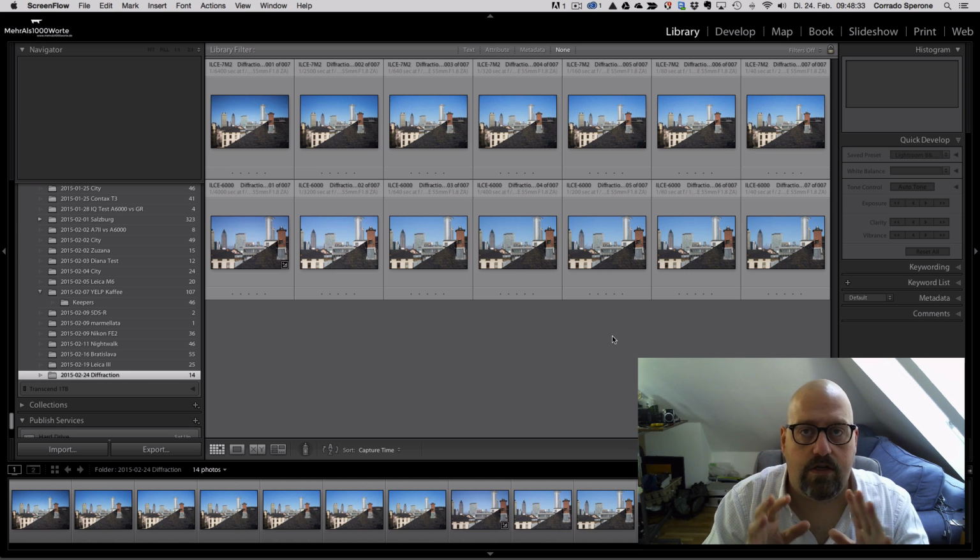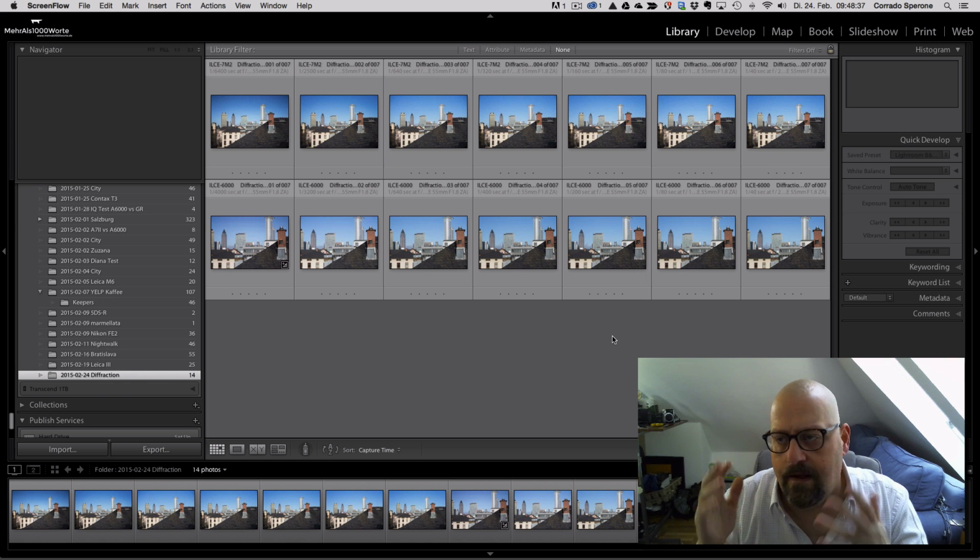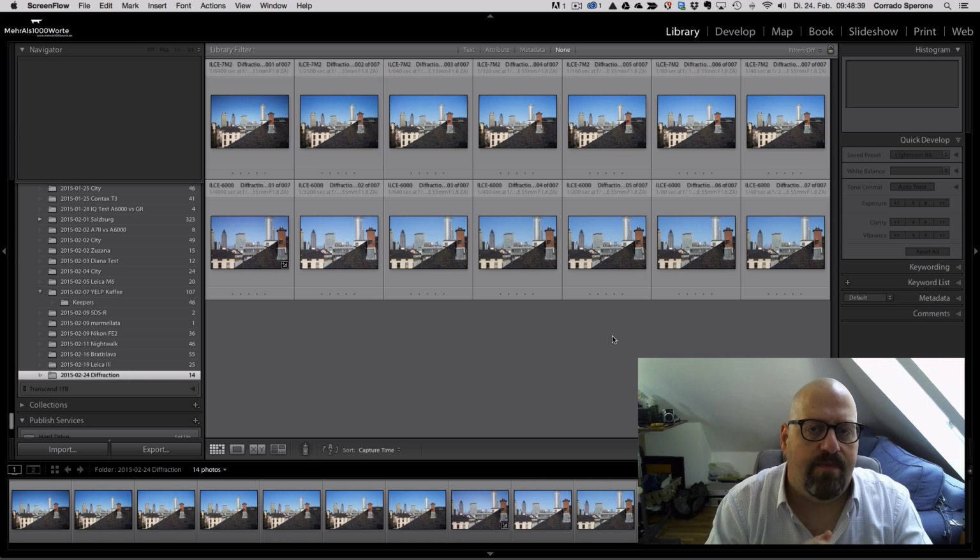Now, I don't want to get into the technical aspects. If you're really interested in that part, you may look it up somewhere else. I'm only looking at the actual application of this effect in photography.